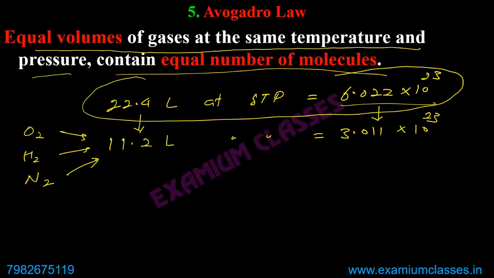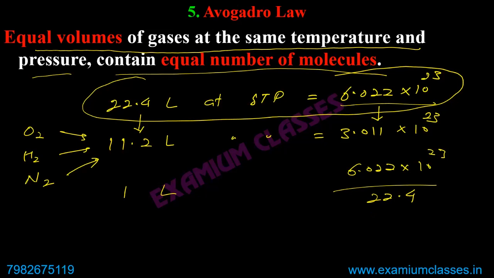If 22.4 liter have this much, 1 liter will have 6.022 into 10 power 23 divided by 22.4 of all gases. So in that case, we don't bother about gas, and this is ideal condition. In reality, it does not happen, but what we are talking about, it is ideal condition.